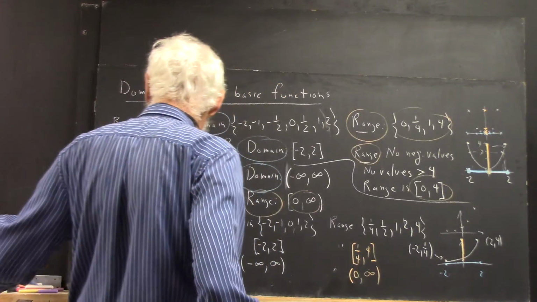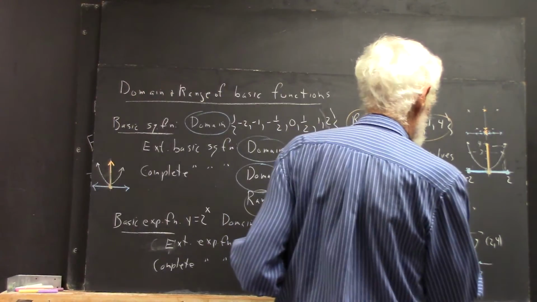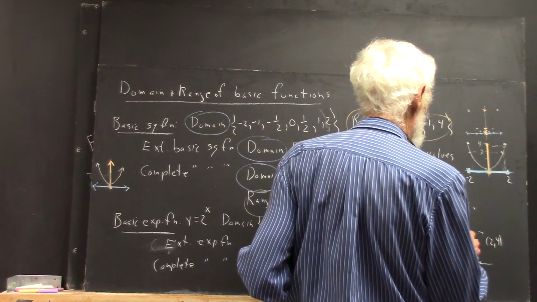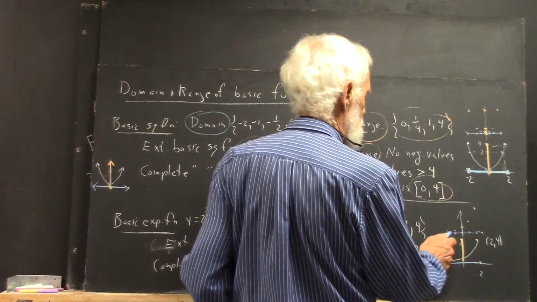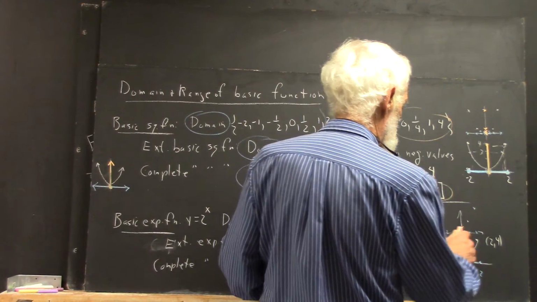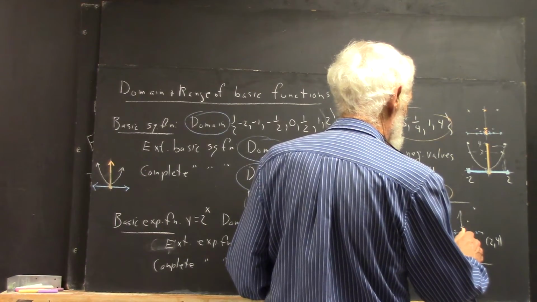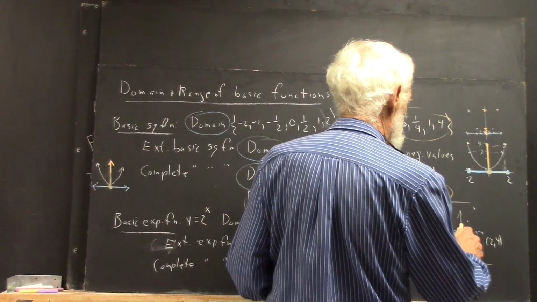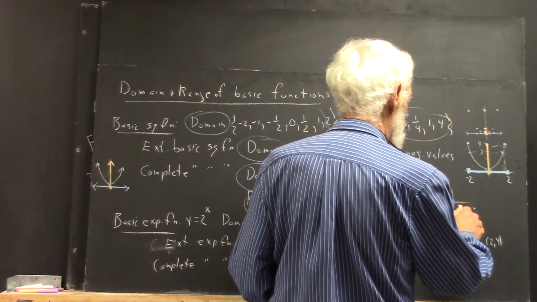The domain, which I didn't write in class, but it's here: -2, -1, 0, 1, and 2. The range is your y values: 1/4, 1/2, 1, 2, and 4.